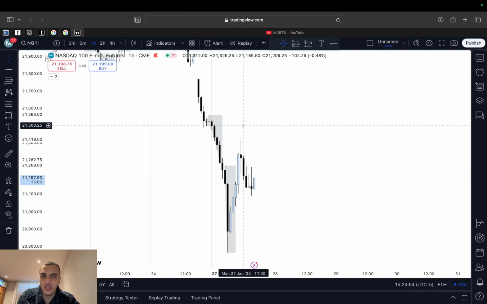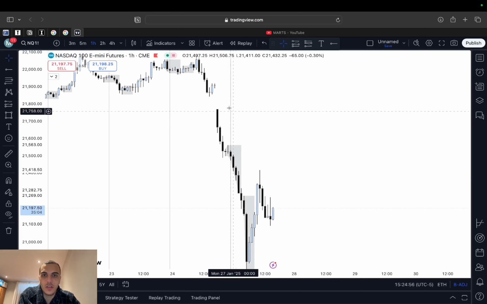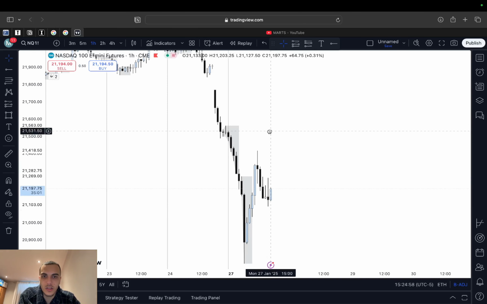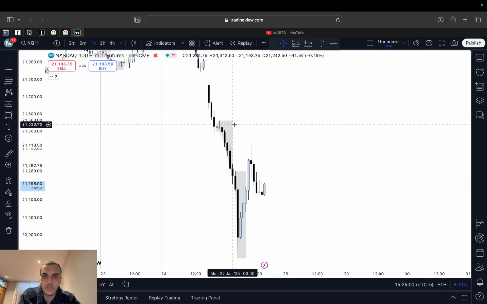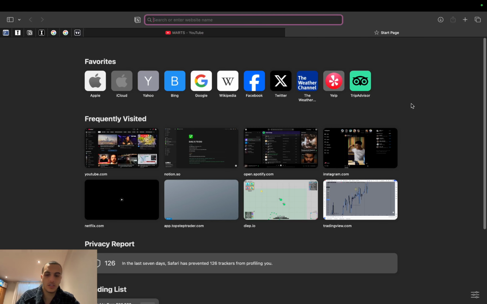So yeah, before I get into it, market crashed, and if you're wondering why, everything is down: stocks, indices, crypto. It's because China came out with a new AI that's replacing ChatGPT.